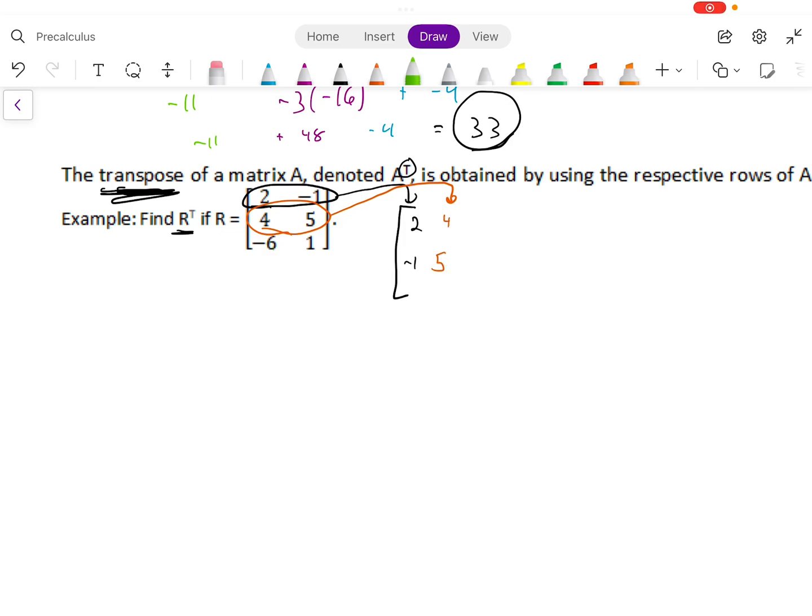And we can make the third row the third column. And that is the transpose. Also notice what I said earlier, the first column becomes the first row, and the second column becomes the second row. So that is the definition of transpose.